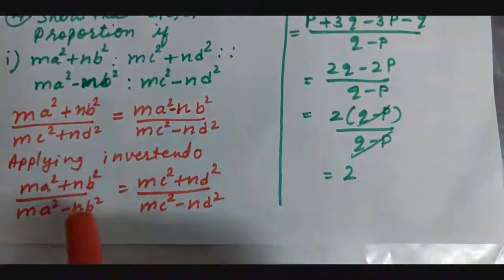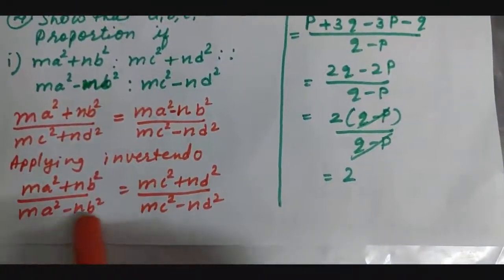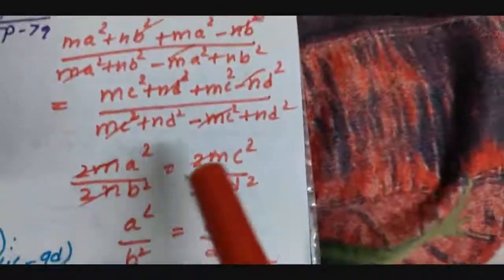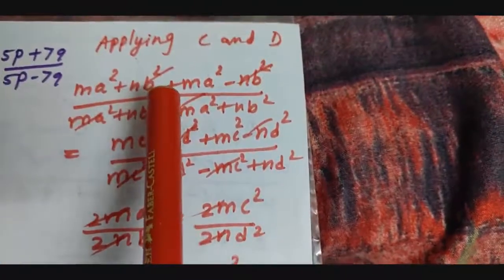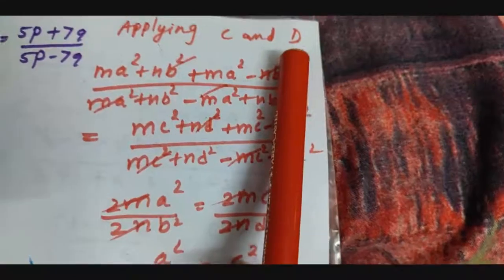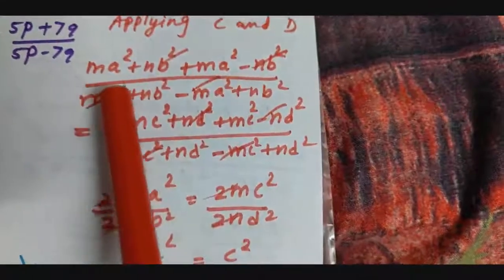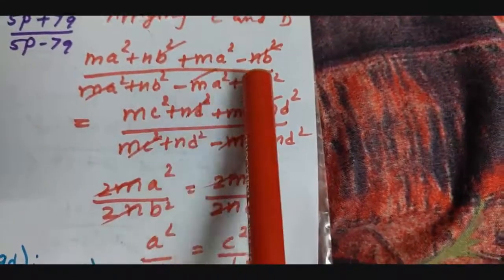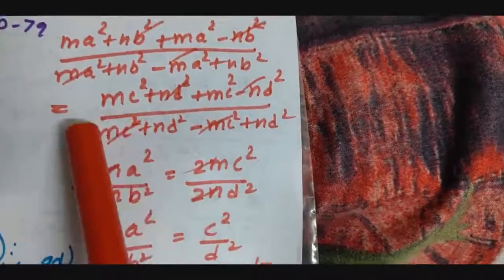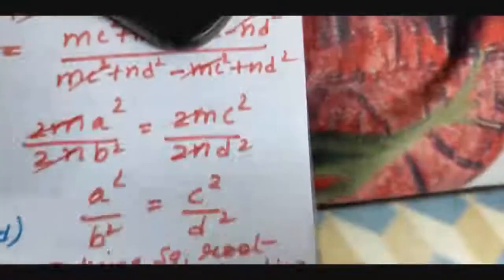Now you see here that on the left side are all AB terms and on the right side all CD terms. So now next I am applying componendo and dividendo: numerator plus denominator, numerator minus denominator, is equal to numerator plus denominator and numerator minus denominator.